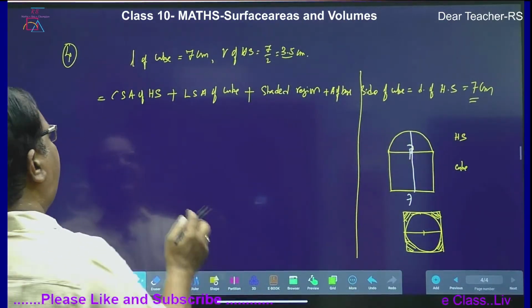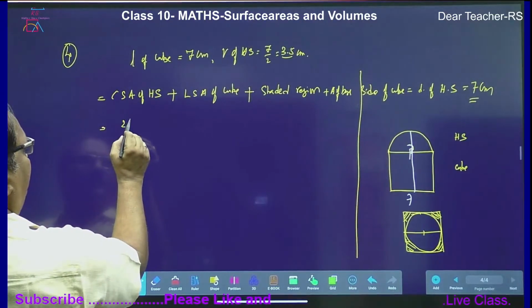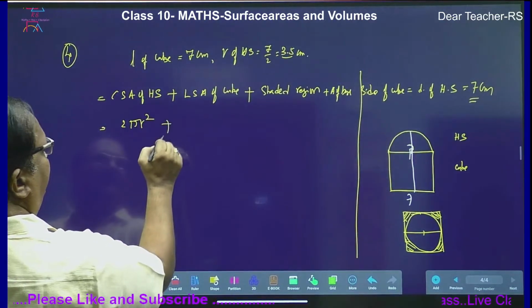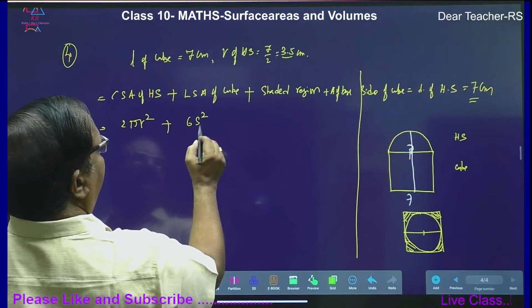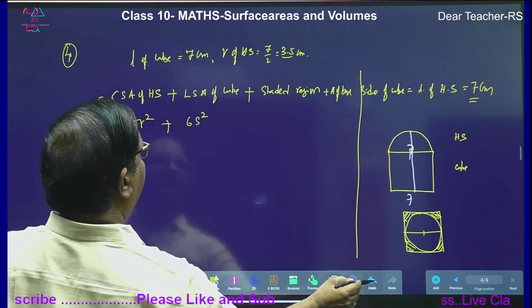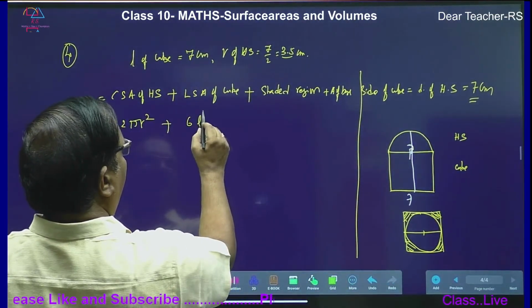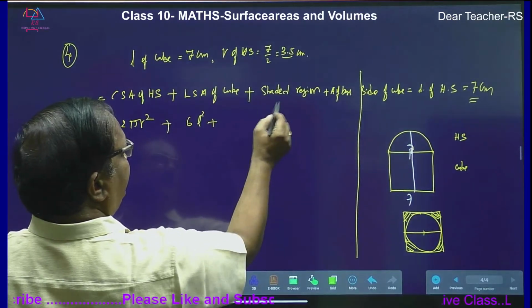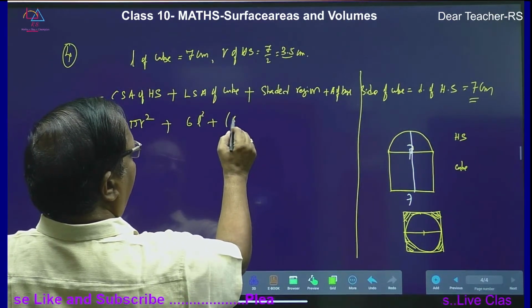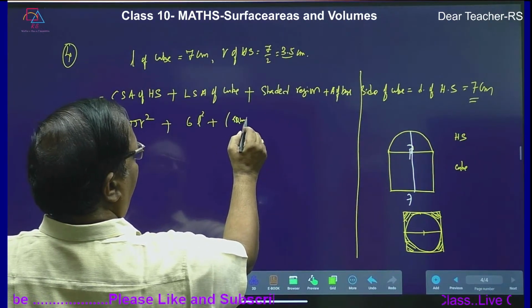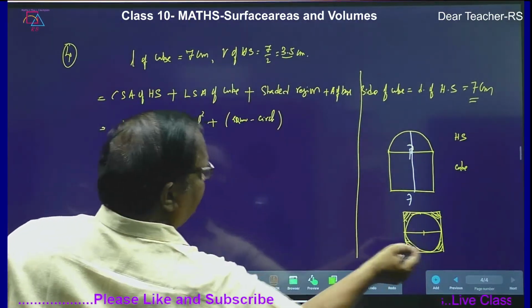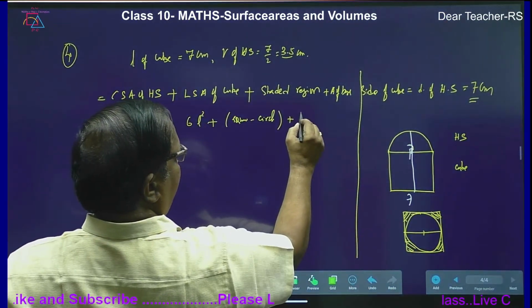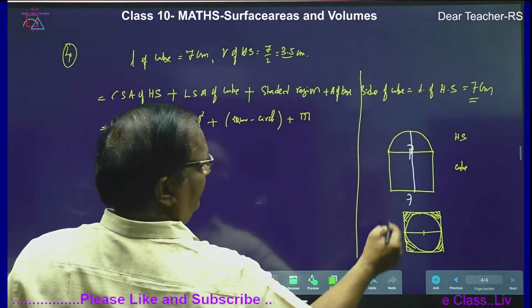CSA of hemisphere is 2 pi r square. LSA of this is 6s square, 6l square, plus shaded region, square area minus circle area, that is L square minus pi r square, plus base.